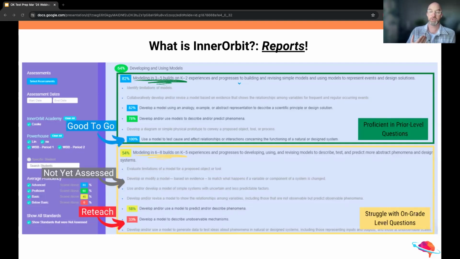So when you sit down as a curriculum leader or a department chair or a teacher with your PLC, we want you to be able to look at data and say, it's this SEP, this crosscutting concept, this DCI, and more specifically, it's this really discrete part. And then if you give more assessments after that, you can say we moved the needle or we didn't move the needle and we've got to try something new. So the goal is just giving you really clear data so that you can do better.